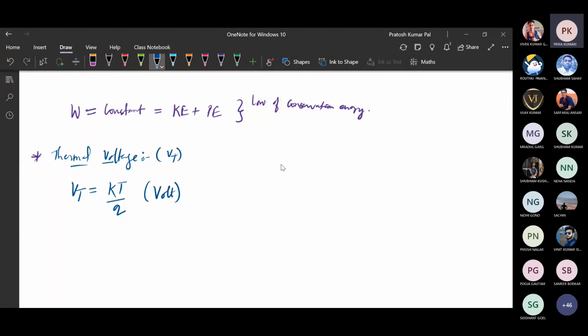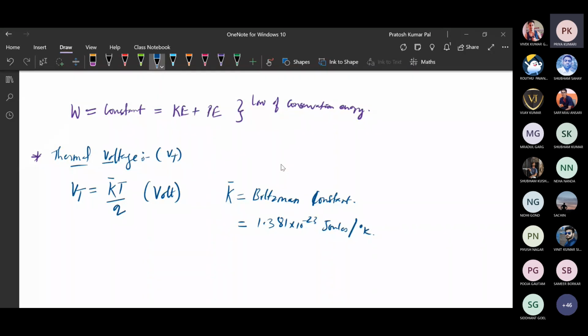That means if we put the value of k here, k is your Boltzmann constant. What is the value of the Boltzmann constant? This Boltzmann constant is represented by k, and its value is 1.38 into 10 power minus 23 joules per degree Kelvin.